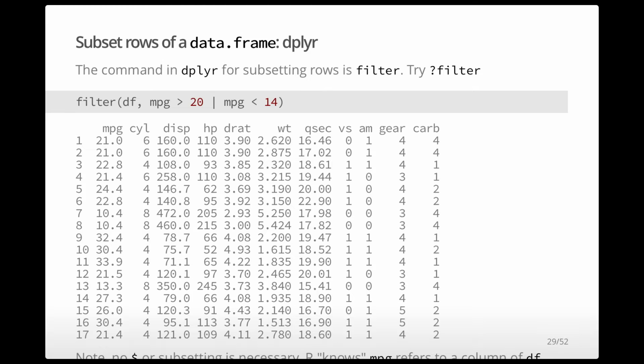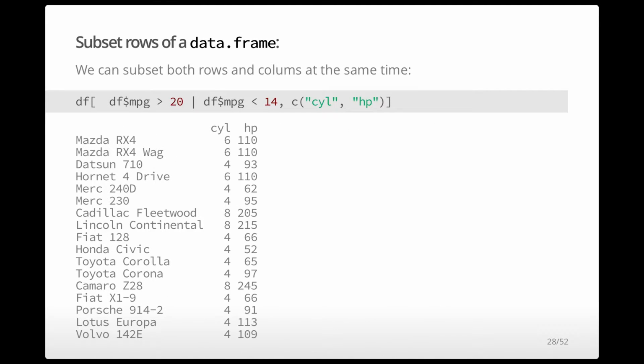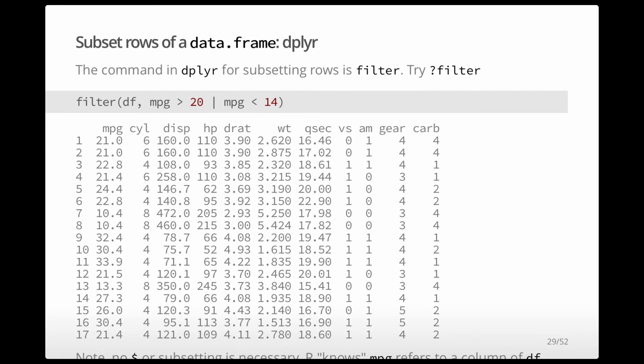All right. Base way, dplyr way. You say filter rows, subsets rows, select subsets columns. So any of those who use SQL, this will make a lot of sense. So filter, you put in the data set, and then you put in the criteria.